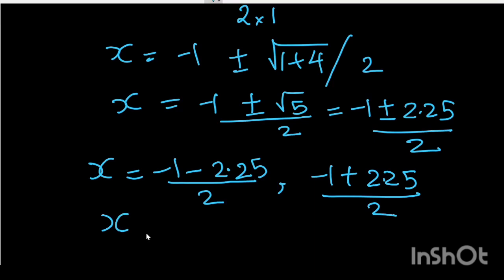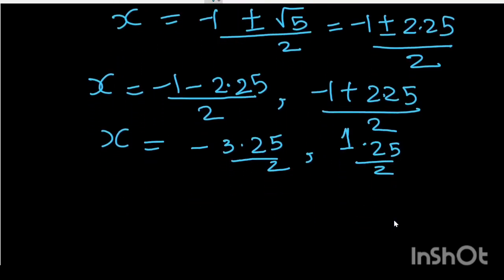So this is minus 3.25 by 2 and 1.25 by 2. So x is approximately minus 1.62 and here it is 0.62.